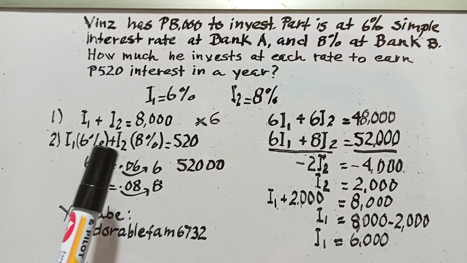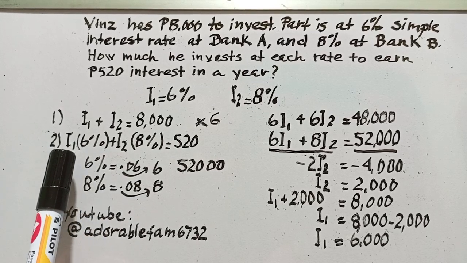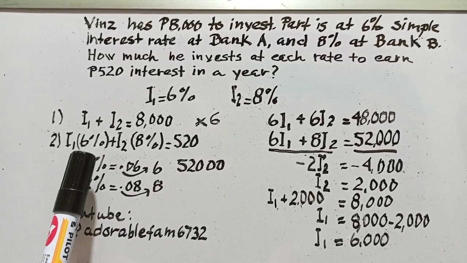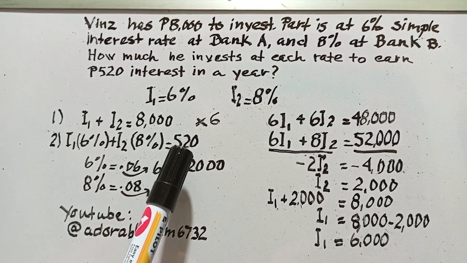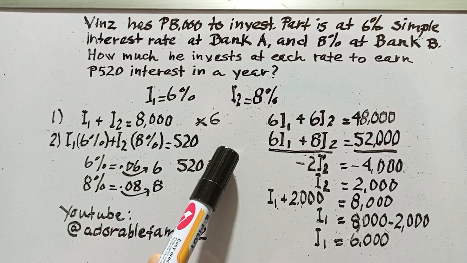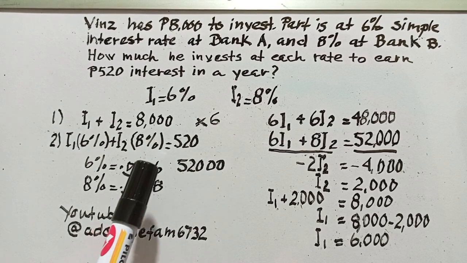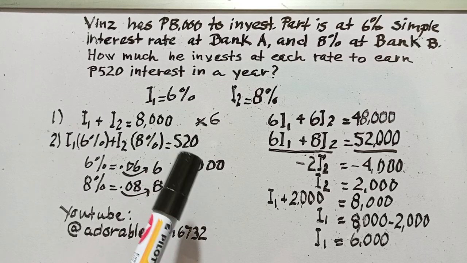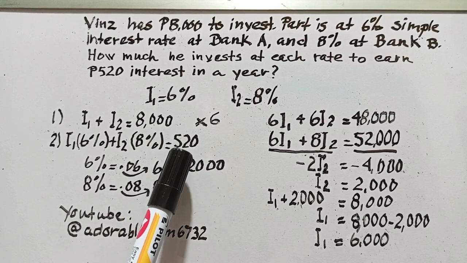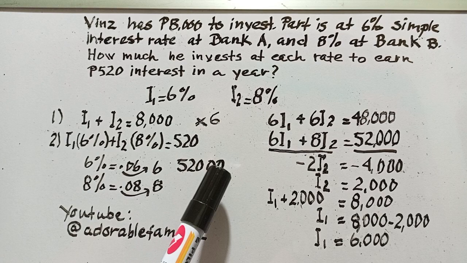Now, since we multiply the second equation, the left side, by 100, we have also to multiply the interest 520 at the right side so that the equality is not changed. So, multiply this by 100 or simply add two zeros.